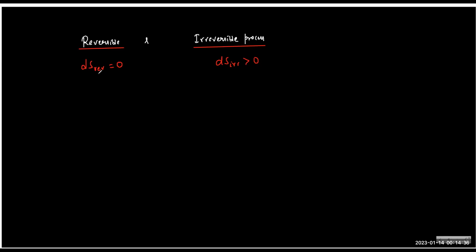In a cyclic reversible process, the dS is always 0. And in an irreversible cyclic process, the dS will be positive only. If it is happening naturally, it is always positive.